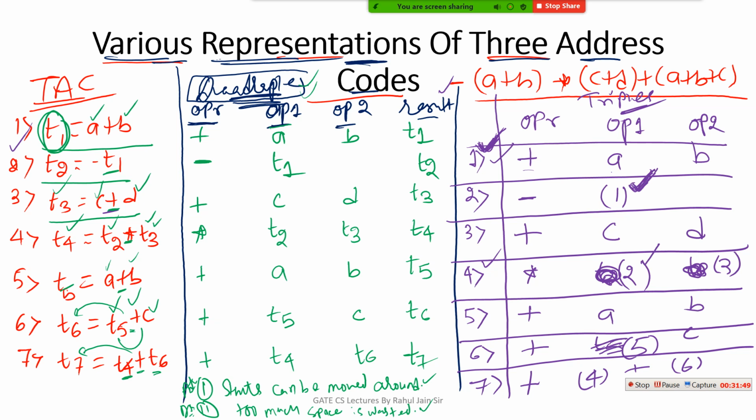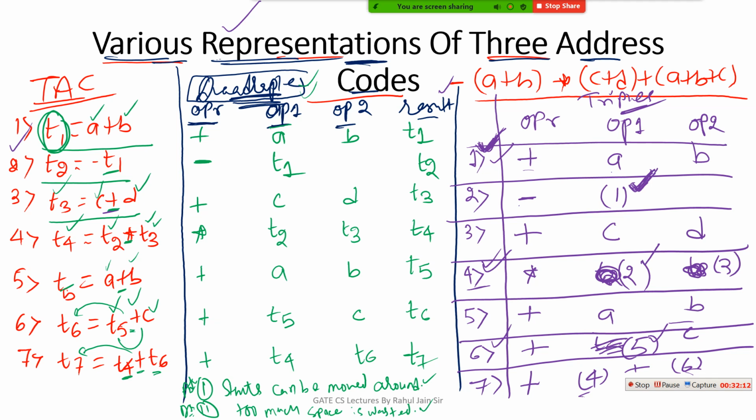By calling 2, I will fetch the result of minus 1. By putting 5, I will fetch the result of this a plus b. By 4 plus 6, the result of this one will be added with the result of this one. So this is the triples form of representation under 3 address code.